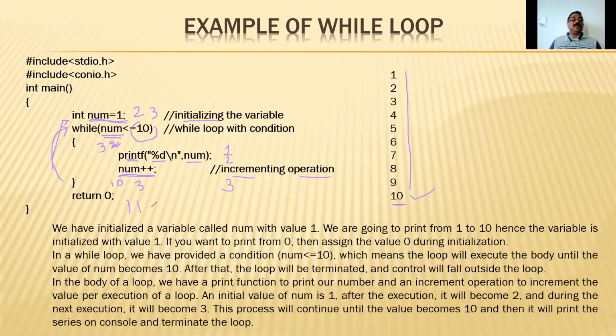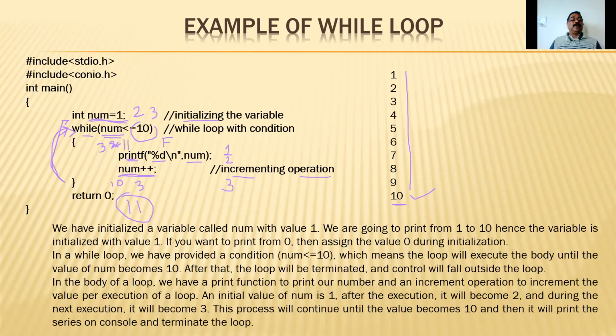Now the num value is 11. Now you will come towards the while again. While will be executed. The num value will be 11. 11 is less than or equal to 10? No. So the condition will become false.